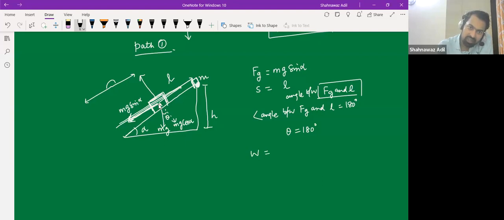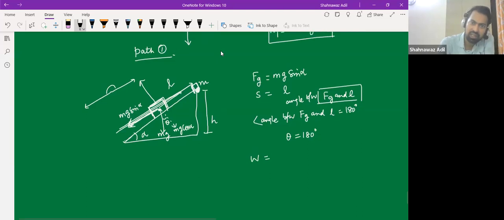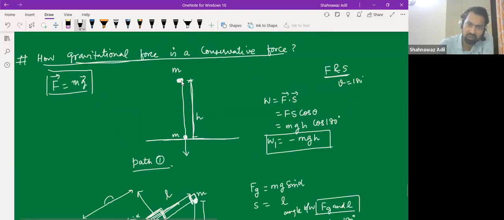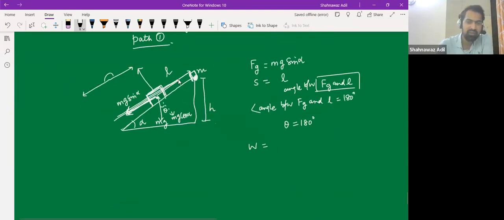Work done by the gravitational force to bring this object from here to here. So now we are choosing this path, right? Earlier we brought this object from here to here by the gravitational force. Now we are choosing this path, and we are saying that this gravitational force is conservative.